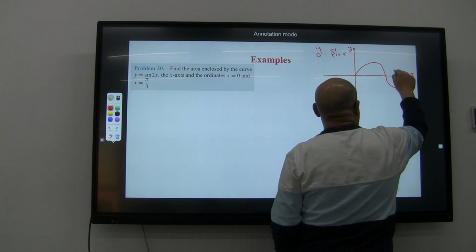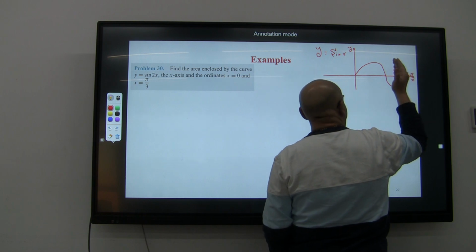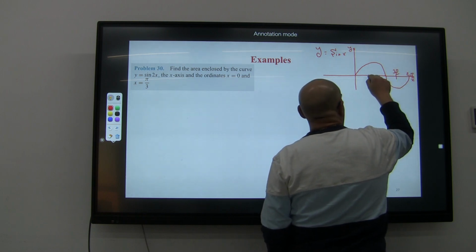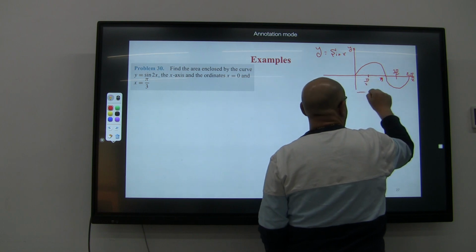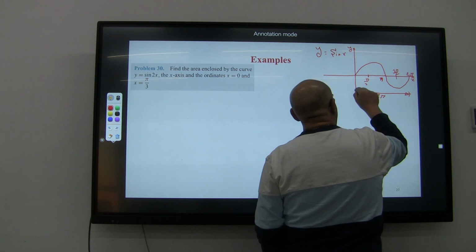These are the critical angles: 360, 270, 180 or pi, and this is pi over 2. The main period here is 2 pi.